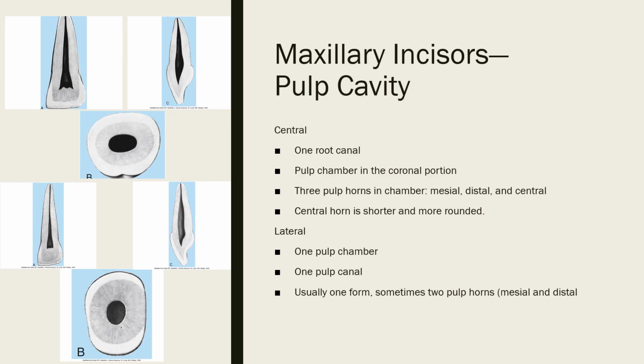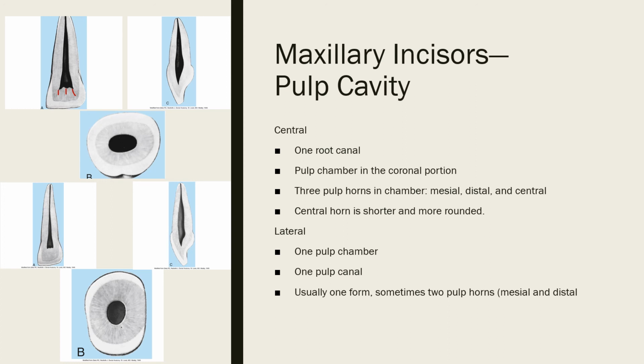All right, maxillary incisors, the pulp cavity on the central, which are our upper pictures here. We have one root canal, one pulp chamber in the coronal portion, 3 pulp horns. Okay, so here's one here, one here, and one here.